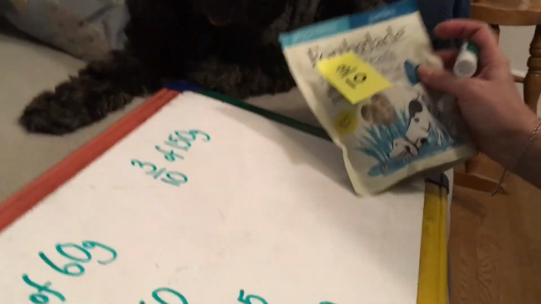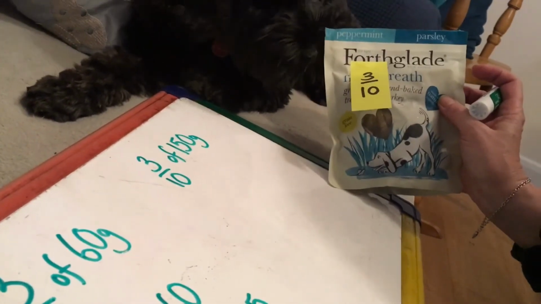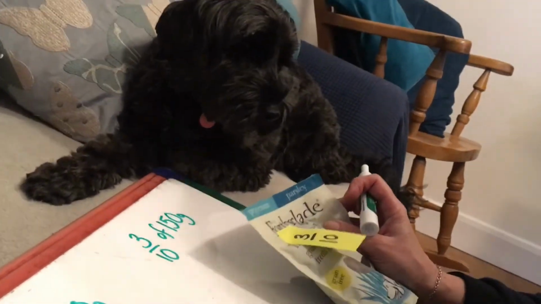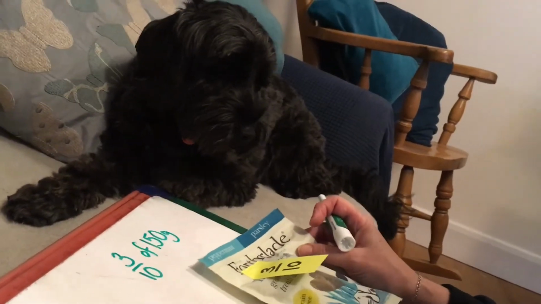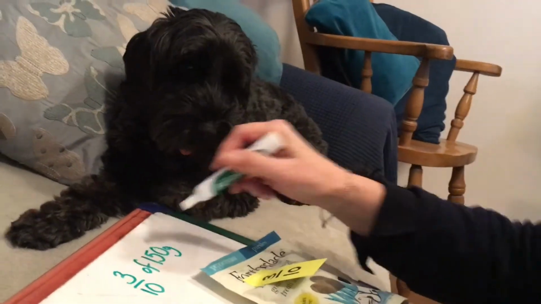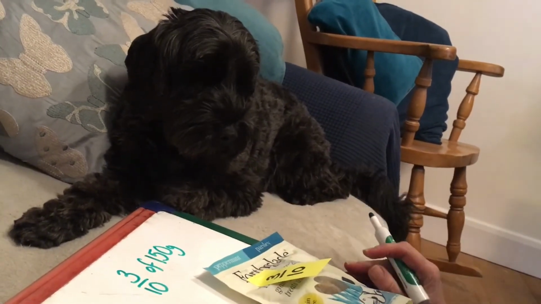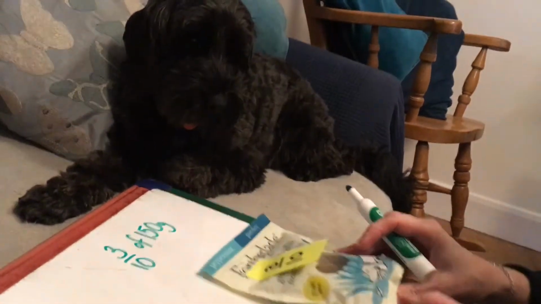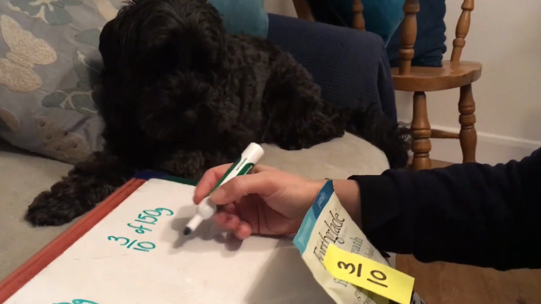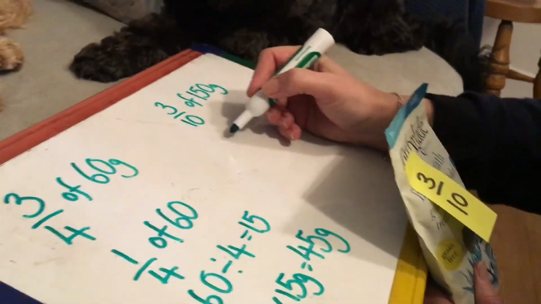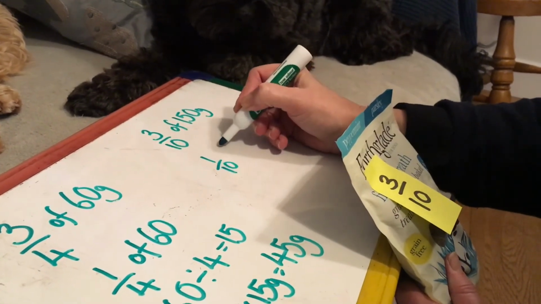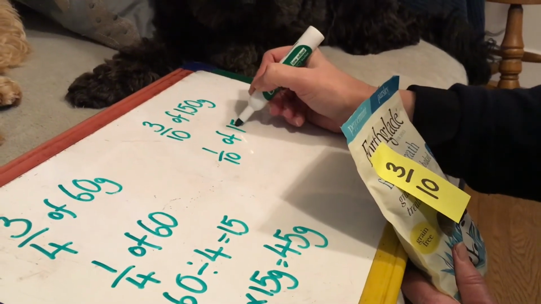Let's try this one. 3/10. Harry, I wonder if you can remember, how do you find a tenth of a number or a quantity? In this case, 150 grams. I'm just going to ask Harry. Yep, he thinks that you divide by 10. He's correct. So 150 divided by 10, or 1/10 of 150.